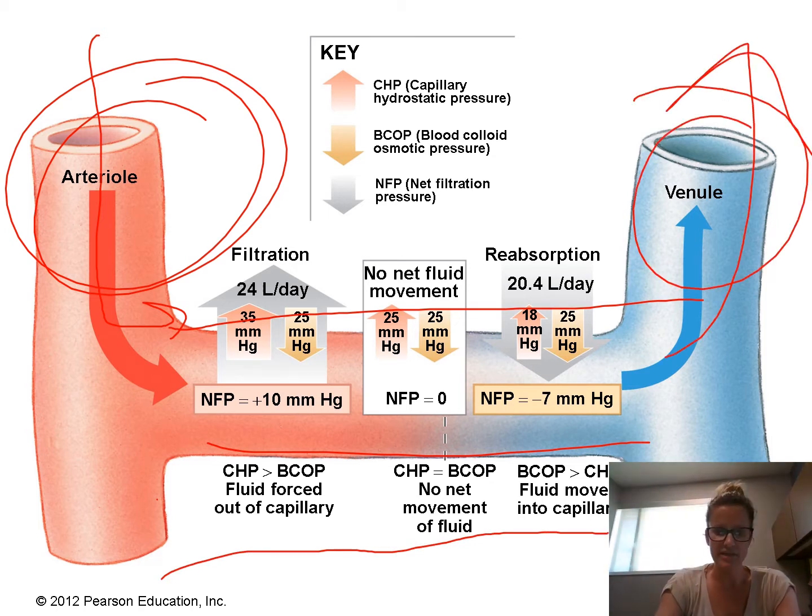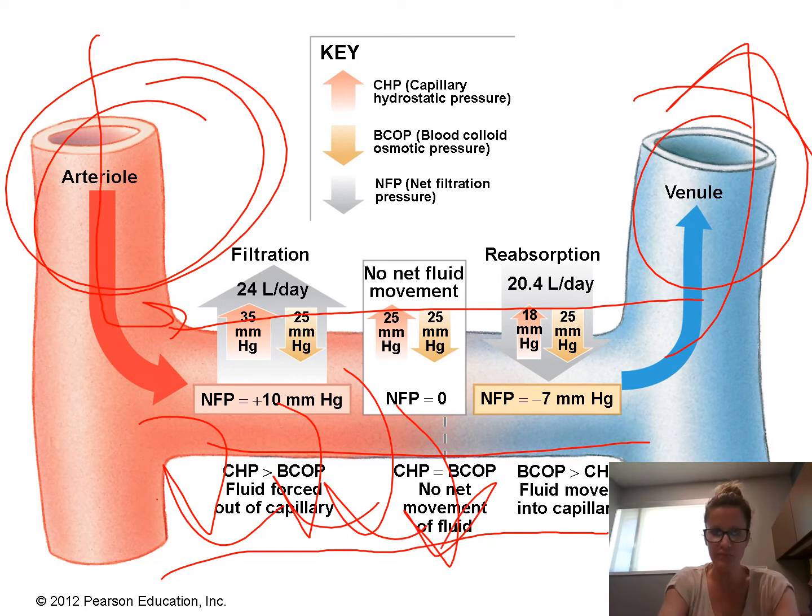As the blood comes into the capillary bed, there's a lot of pressure pushing out, so we filter a lot of fluid. Then we get to the point towards the end of the capillary bed where there's not as much pressure pushing out, but we still have osmotic pressure because of all of the plasma proteins in the blood.